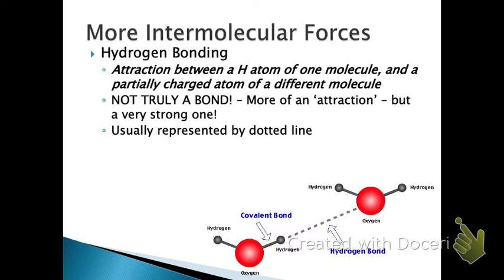Partial negative, from each of these bonds. So this oxygen has two partial negatives right here. These hydrogens have a partial positive, and doesn't the same thing happen on that other water molecule? Okay, partial negative. So now, what do we see happening with this hydrogen bond?